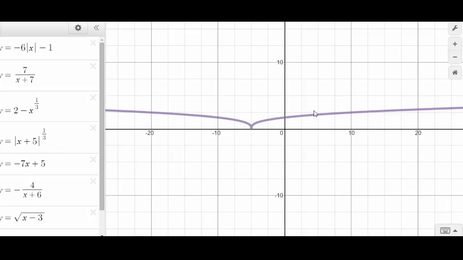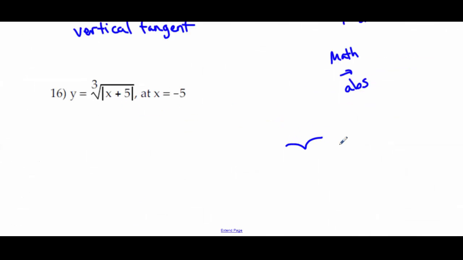But this is a cusp. The ones that are cusp look kind of like an open book or a bird, if you are into drawing things like birds flying, or like an open book. So that's what cusps look like, and this is a cusp.